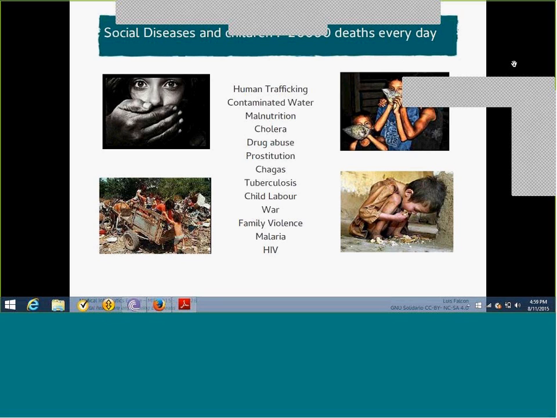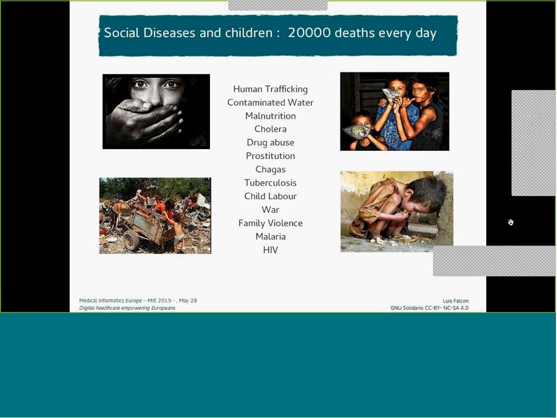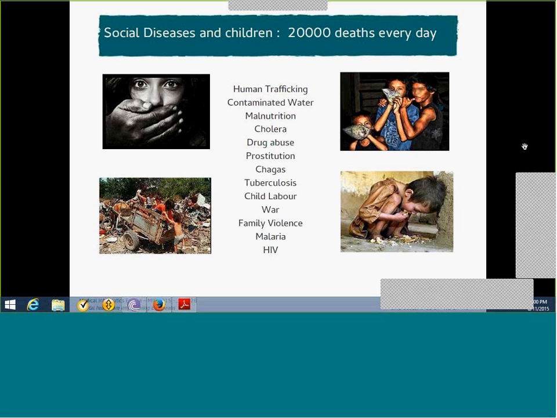Now we are not only dealing with the pathology itself, but we're also dealing with the socioeconomic determinants of health and disease, such as family violence, prostitution, drug use, human trafficking, war, and diseases like malaria, HIV, and so on.